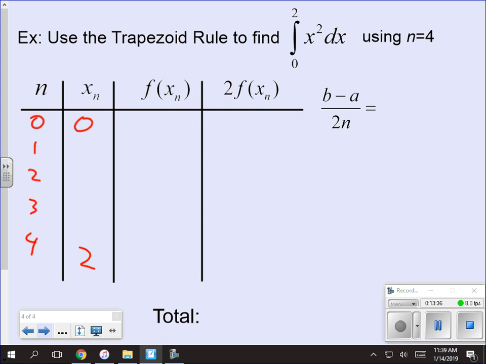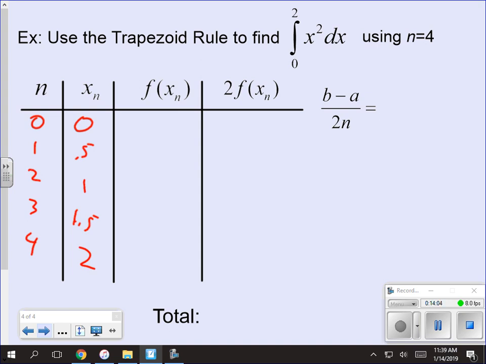So let's see, halfway in between is 1, and then there's 0.5 and 1.5, and decimals are just fine on this. Okay? Decimals are just fine on this. Don't want to do it in fractions because I don't want to work with fourths and all this other stuff. So these are the x coordinates that go along our bottom. X sub 0, x sub 1, x sub 2, x sub 3.